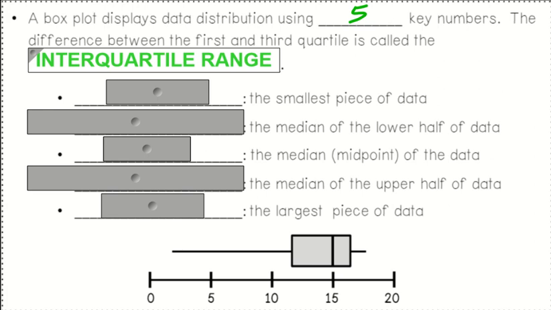All right, the smallest piece of data. What's the smallest number called? I need an M word for it. The smallest piece of data is the minimum. That is the first of the 5 numbers you would get, because your first step to doing this is putting them in order from least to greatest.